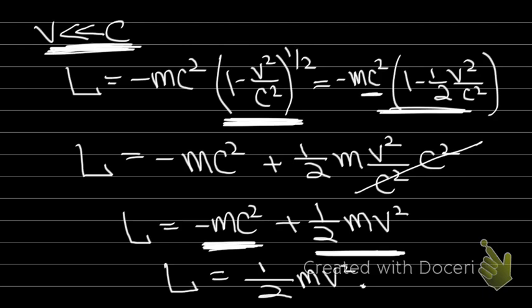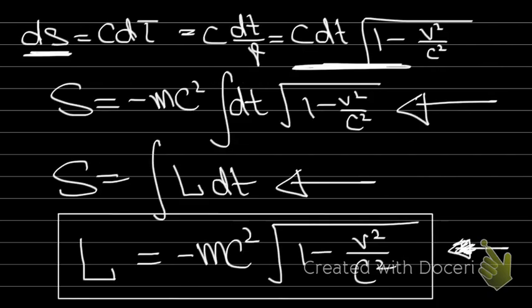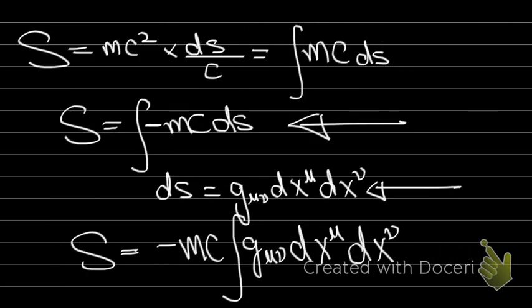Okay. So the leading term, half mv squared, in the Lagrangian then coincides with the non-relativistic Lagrangian. And I hope you now see the significance of writing this negative sign for the action. Where did we define it?